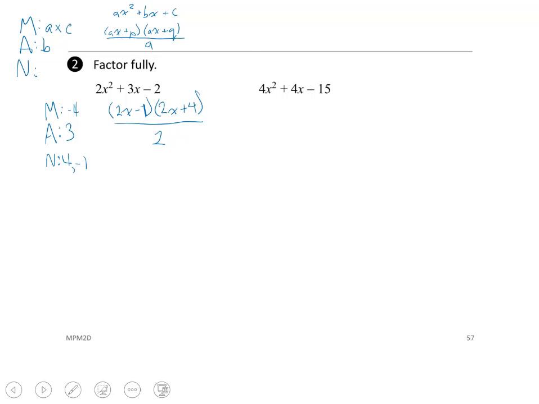And all you do now is you have to take out some sort of common factor and then divide it by a. So what ends up happening is we take out a common factor of 2 from our second bracket here, and we end up with a 2. We have 2x minus 1 bracket x plus 2 all over 2.